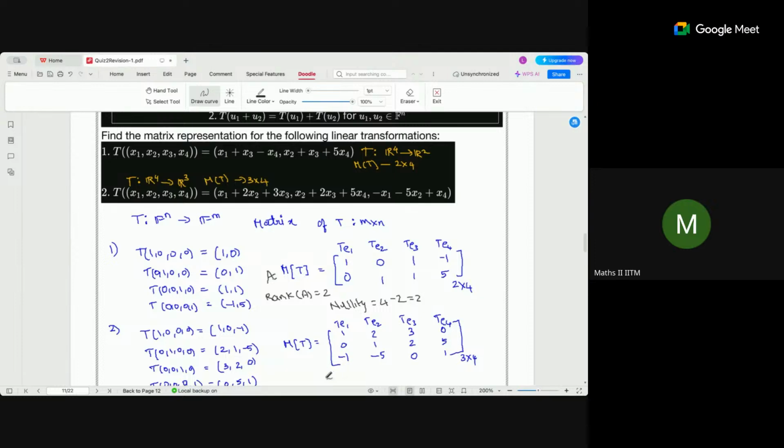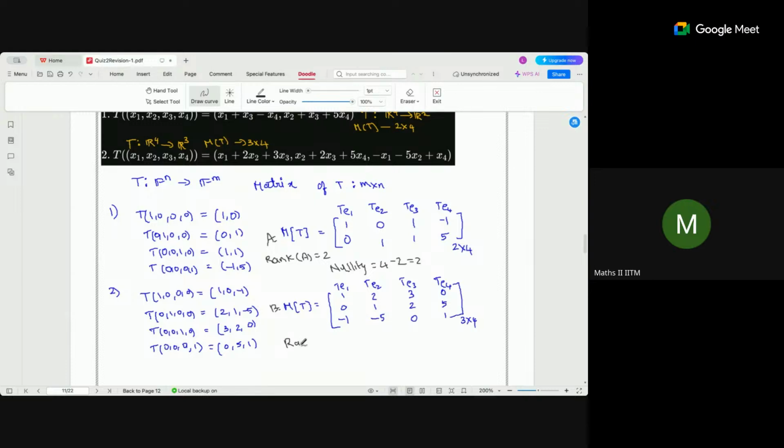Right? In the same way, let us call this B. Now what is the rank of B? For this, you need to compute the row reduction, that is the better way, so that you don't make any errors. So maybe you try this as homework, find the rank of this matrix.